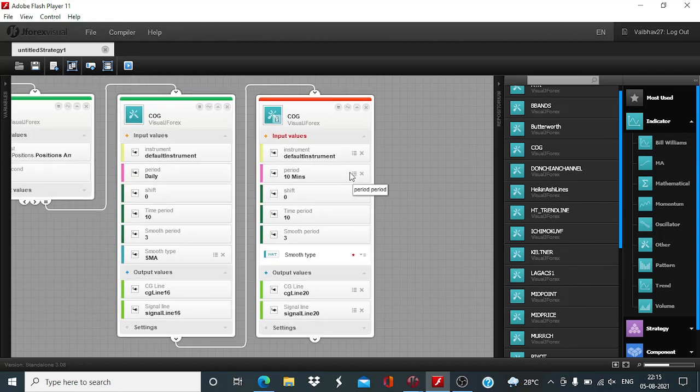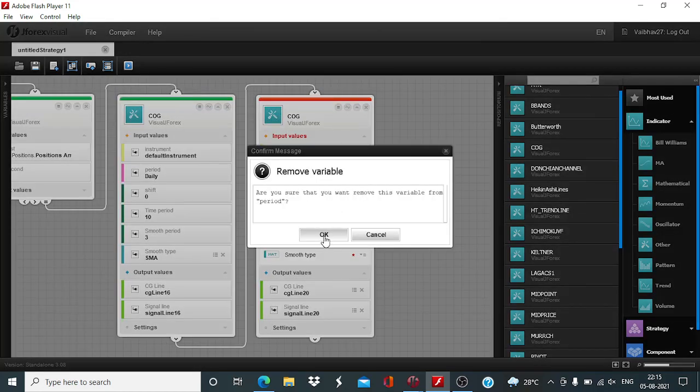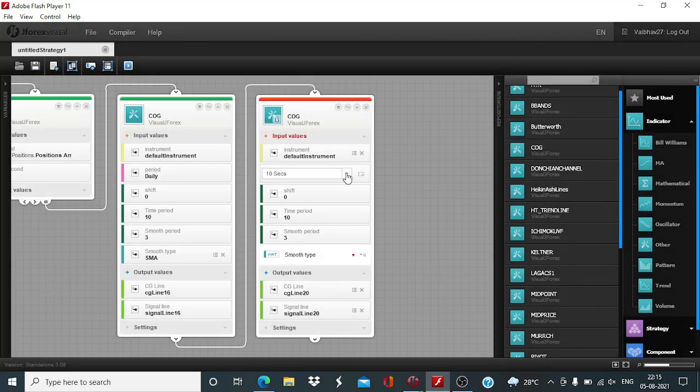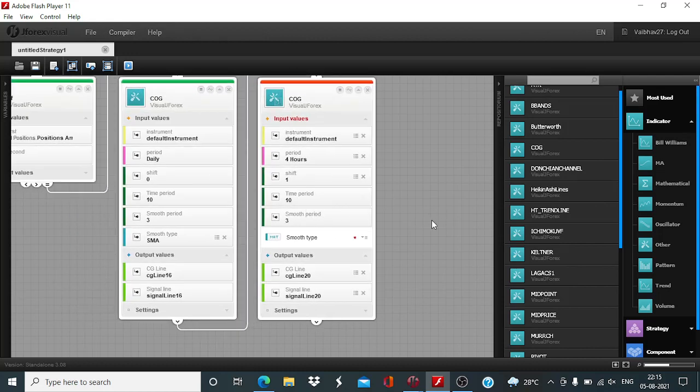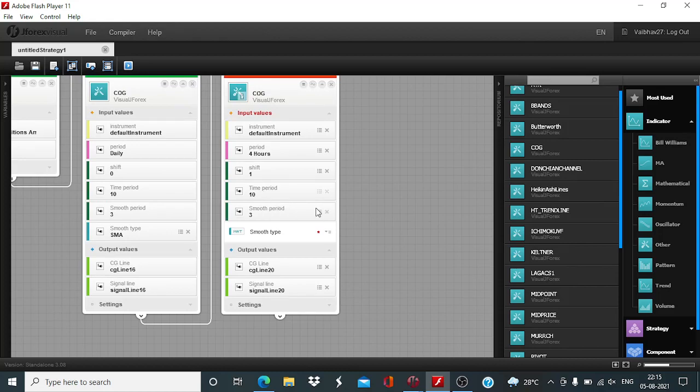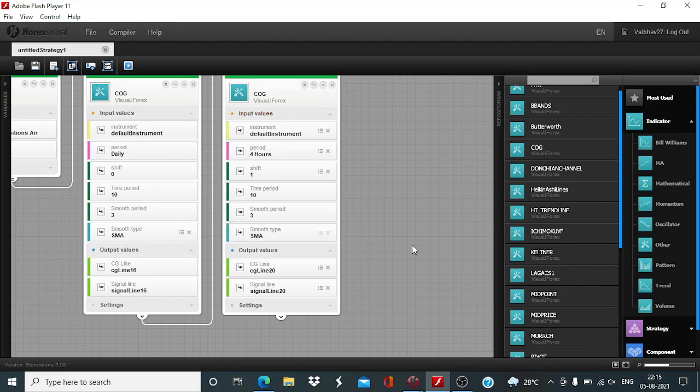This I will configure it for 4 hourly time frame. So the candle period will be changed to 4 hours. Shift value is going to be 1. Time period is going to remain 10, and smooth period 3 is SMA.